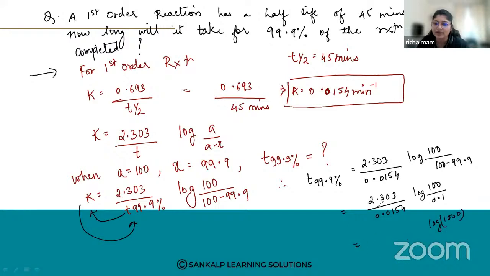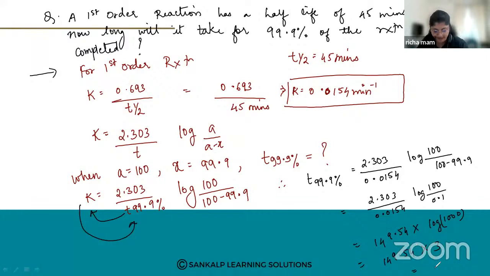And 2.303 divided by 0.0154 is 149.54. What is log of 1000? Log of 1000 is 3. So 3 into 149.54.